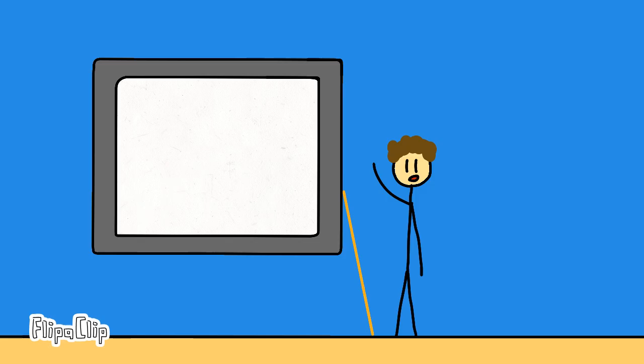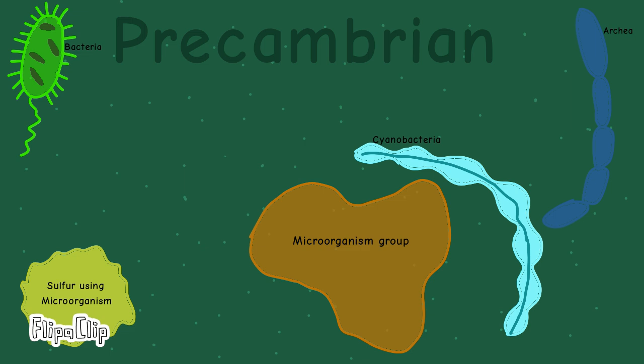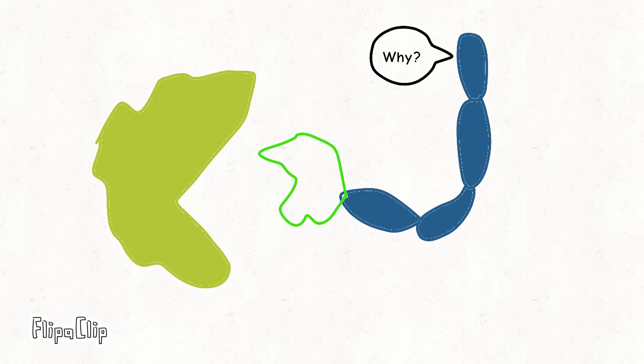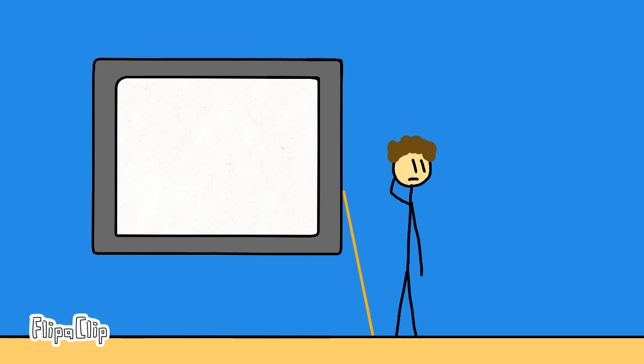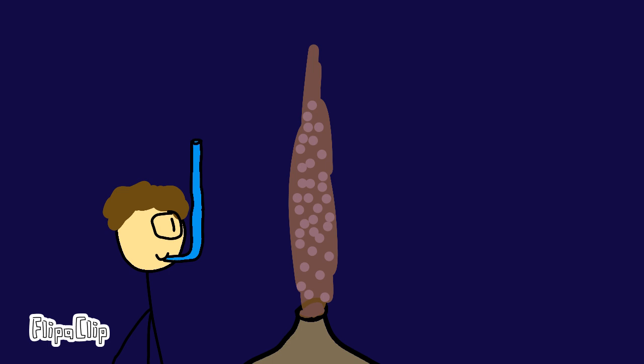And so, welcome to the Neo-Archean, where we can find sulfur-using microorganisms, basically organisms that use sulfur as food. I don't know how those microorganisms do it, but it kind of involves something with those hydrothermal vents.